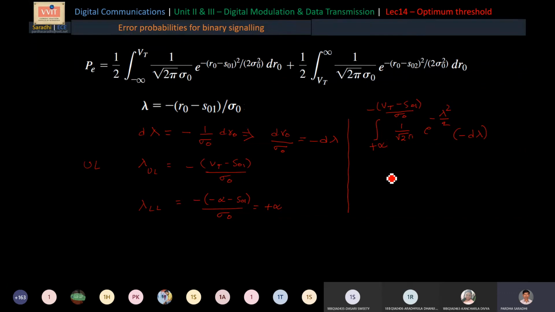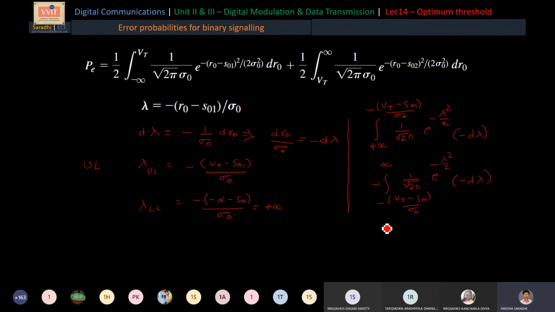Then let us interchange these limits. Integration is always supposed to be from lower value to higher value; we always integrate from left to right. As these two are interchanged, the sign of the entire integration changes, right? And here what do we have? Minus 1 by square root of 2 pi, e power minus lambda square by 2, and already we have d lambda.